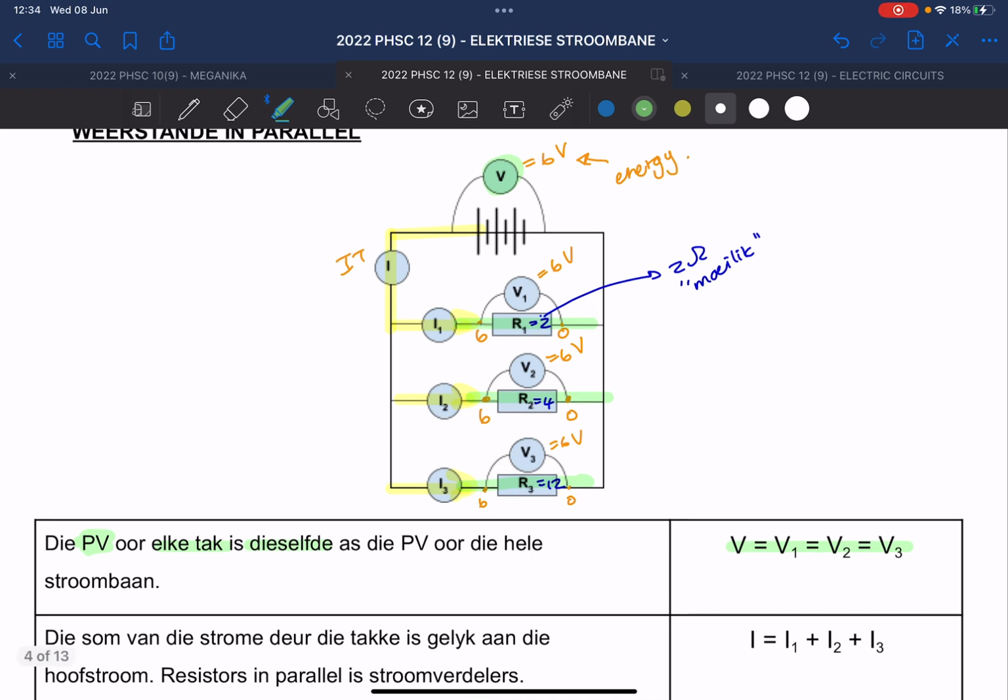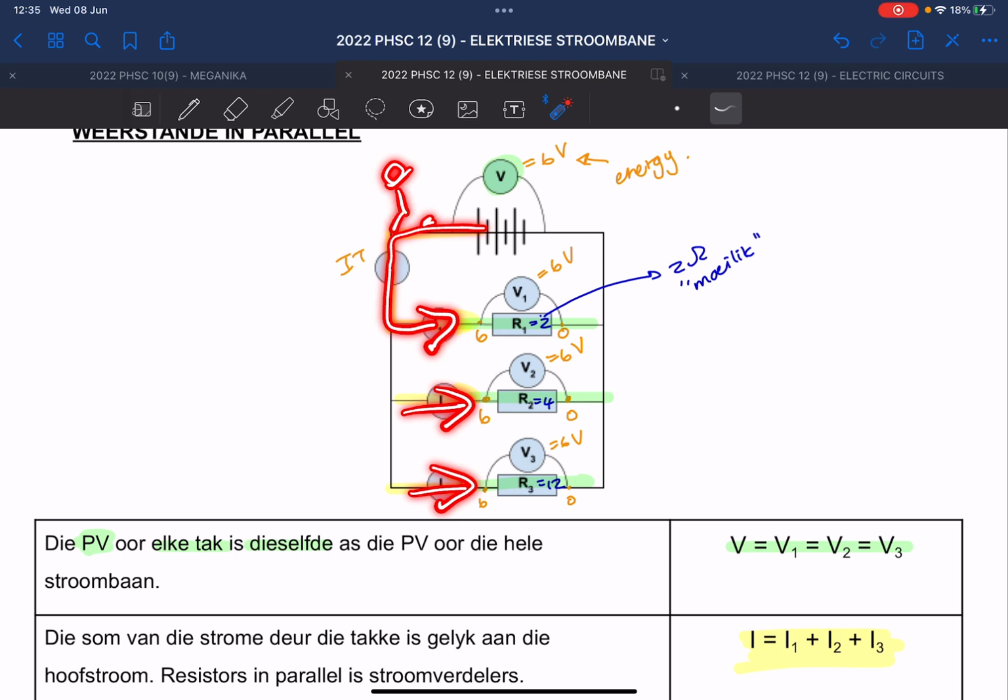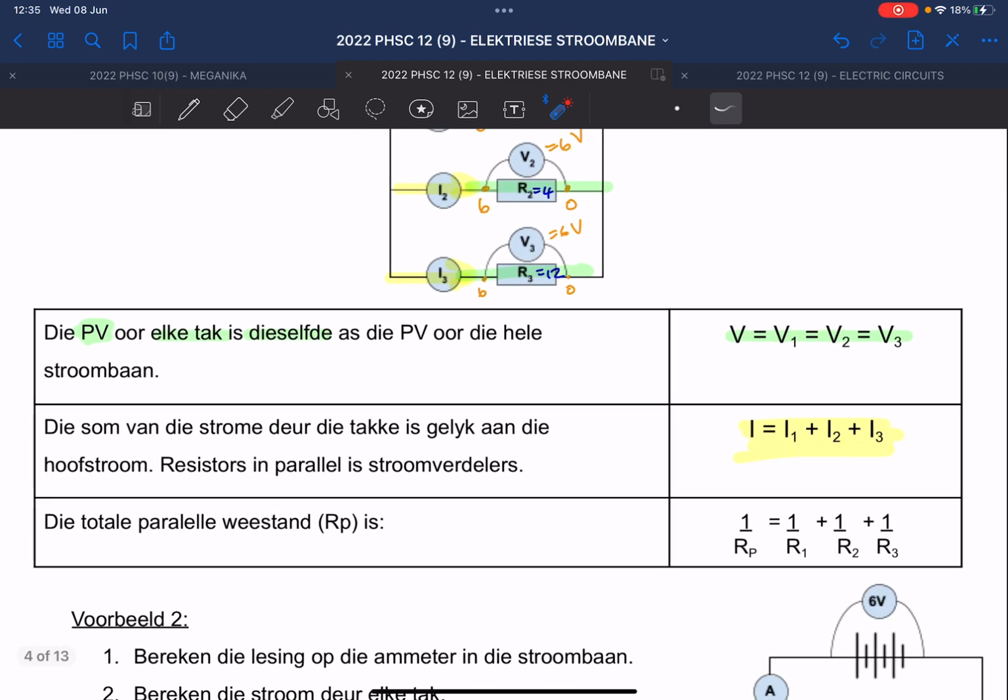But what we did see is that the current splits up. Die stroom split op. Okay, so we could have seen here, some went through there, some went through there, some went through there. So die stroom, die hoeveelheid mannetjies wat jy daar het, hulle split op. Okay, and if you have to add your resistance together, parallel, you do it in this weird manner.